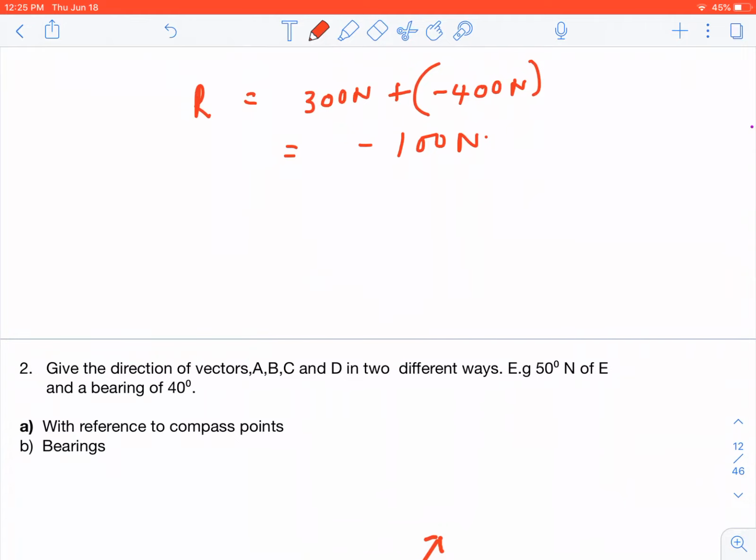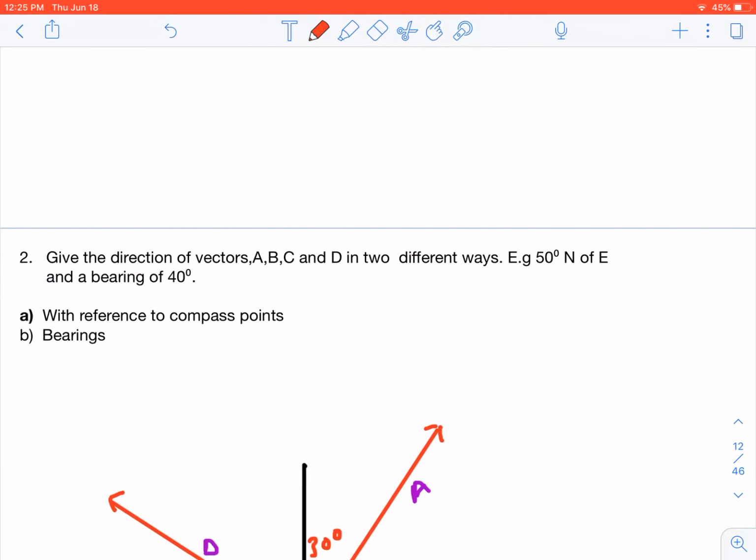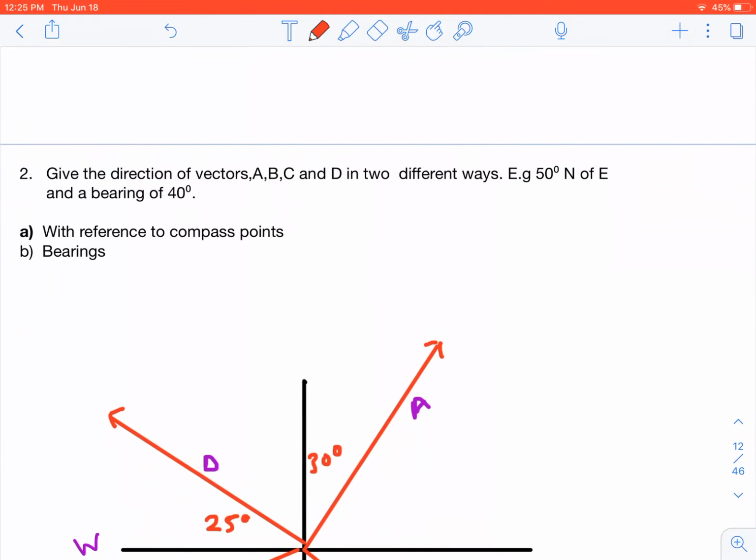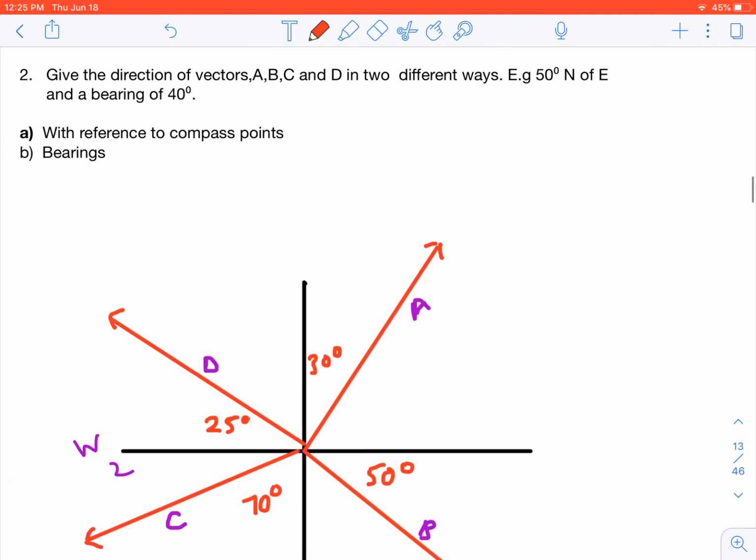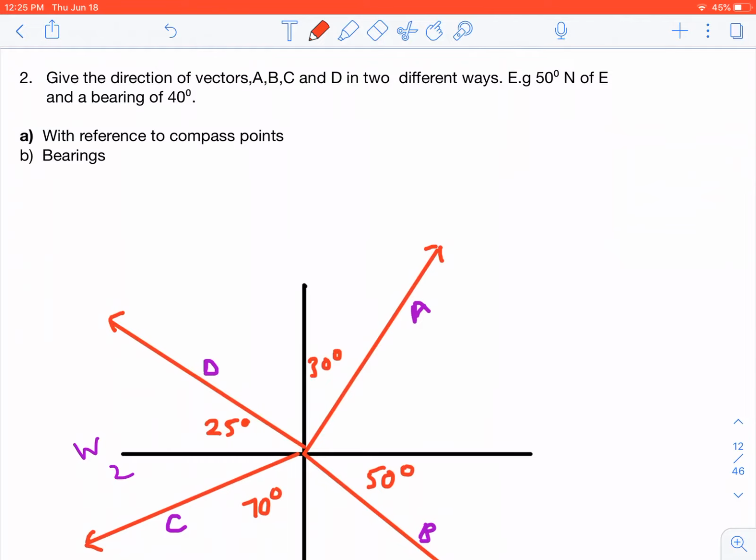Okay, now let's look at the next one, which says give the direction of the vectors A, B, C, D in two different ways. One way is represented like 50 degrees north of east, and the other one represented as a bearing. Okay?